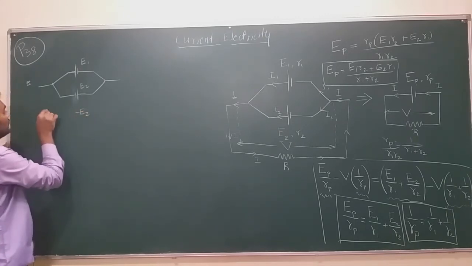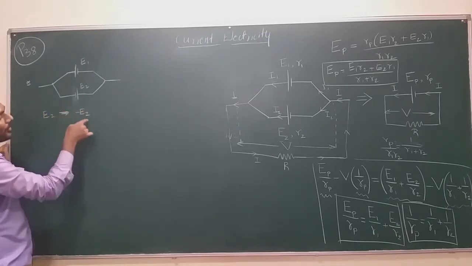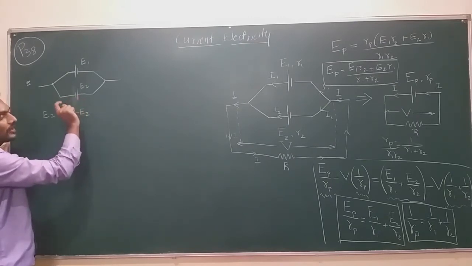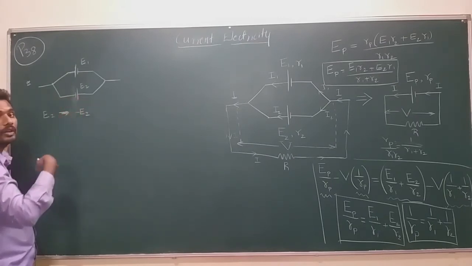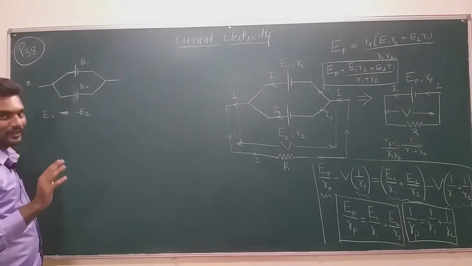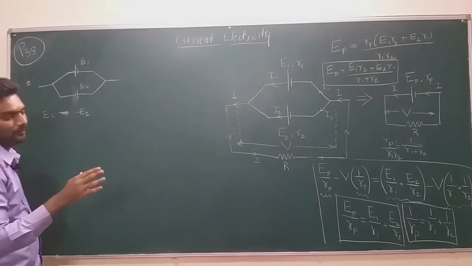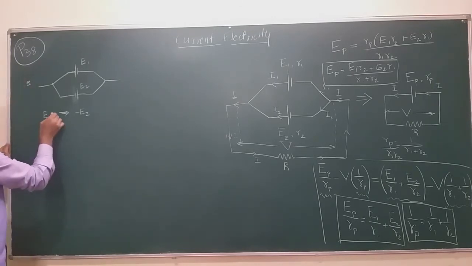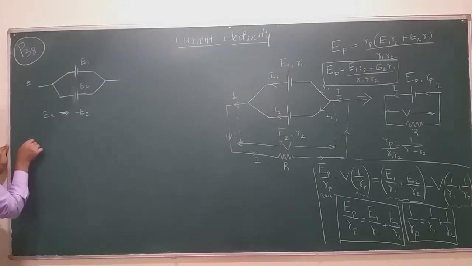E2 should be replaced by minus E2 in the final expression when one of the cells is connected in the opposite way, or anti-parallel, to the first cell. The resistance will remain the same, positive itself, no need to worry. But you need to keep this in mind when one of the cells is connected in the opposite way.